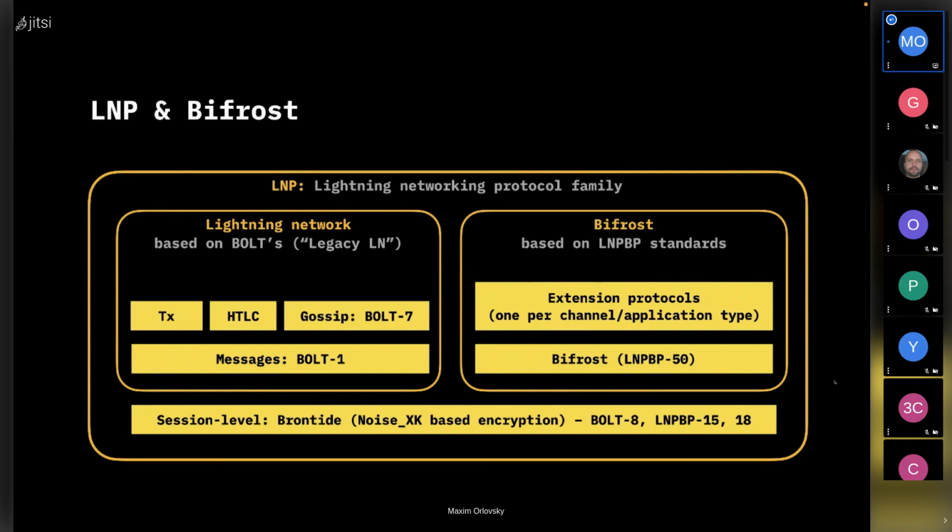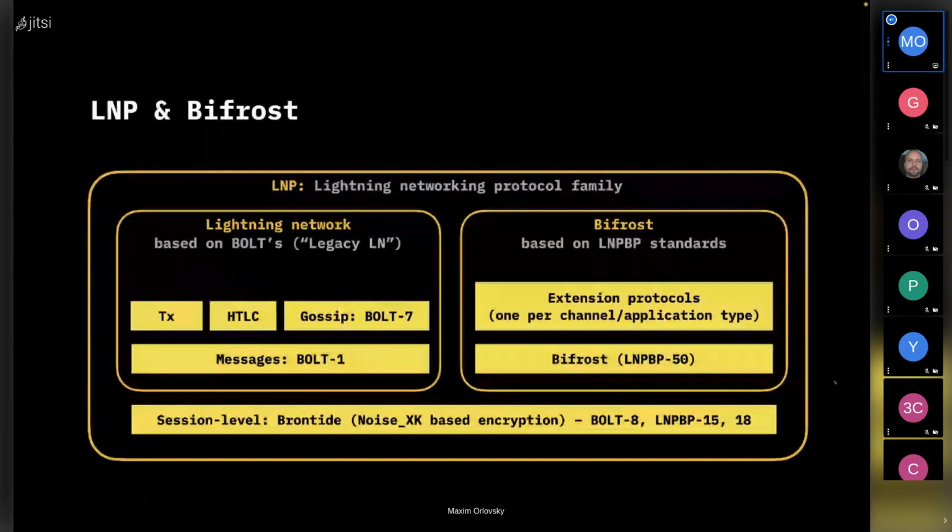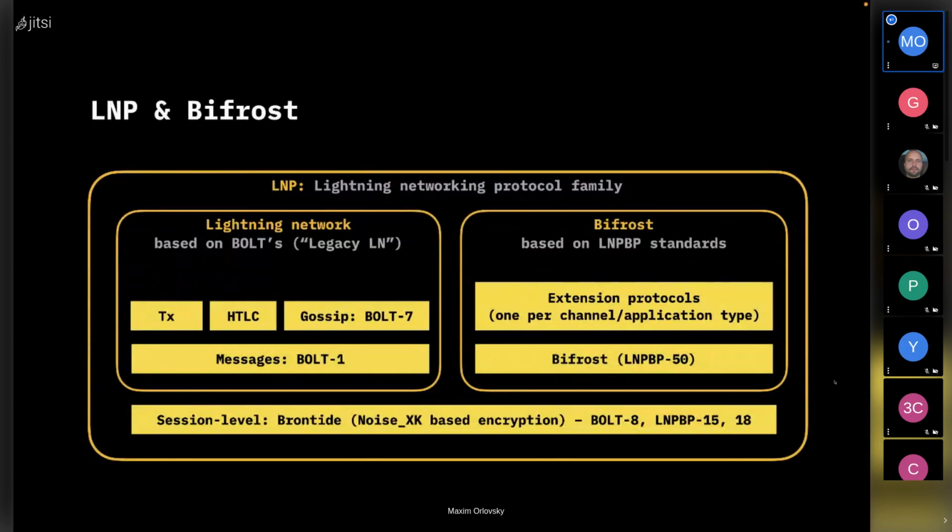The standard defines a different encoding for messages, a different structure of the message, and a different set of control messages. On top of Bifrost itself, there will be extension protocols, one per specific channel type or application type, which will work on top of Bifrost, and Bifrost will not be aware of these protocols. It will be completely blind to their functionality.